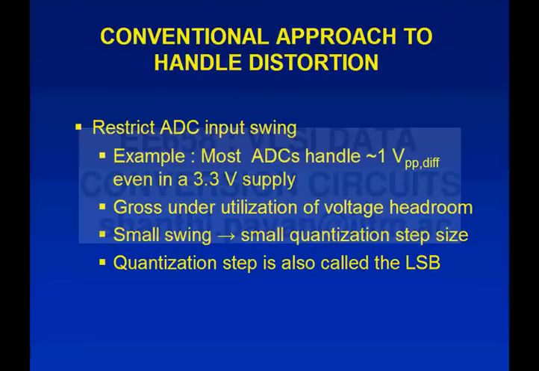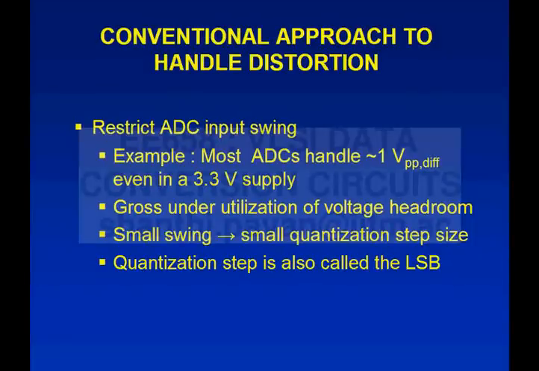So you design the fastest possible sample and hold you can, and you find how large a signal you can put in before the distortion becomes very, very bad. And then you say, okay, this is my peak to peak signal swing.